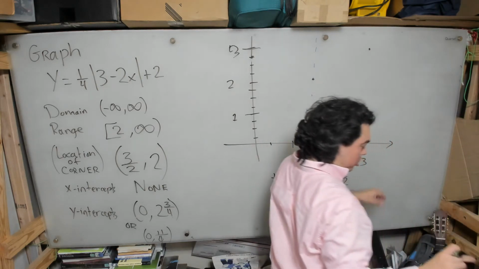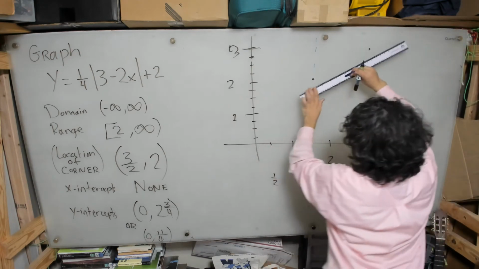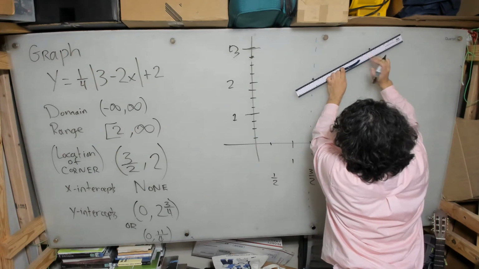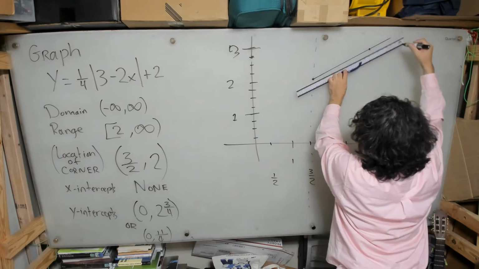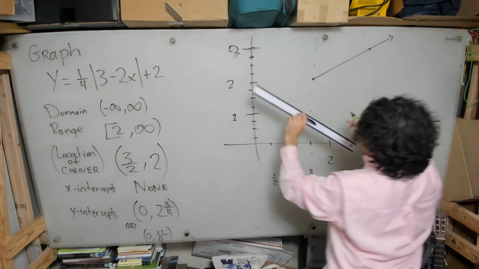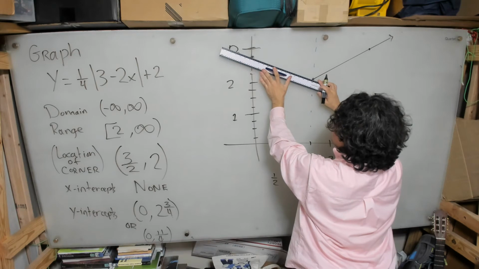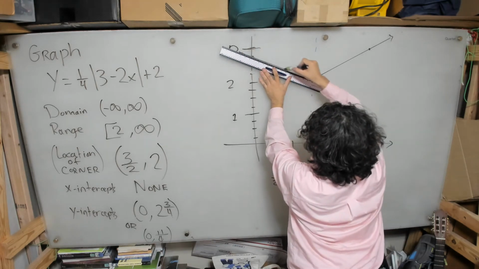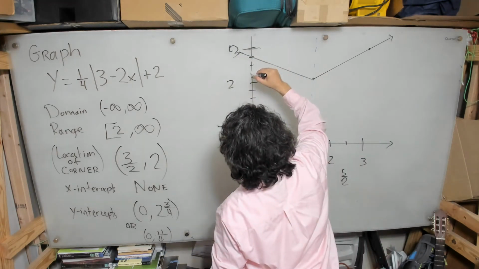And now we can use our special ruler to draw these lines a little bit more acceptable so that they're more fitting. Yay, it worked. Yay, it worked again.